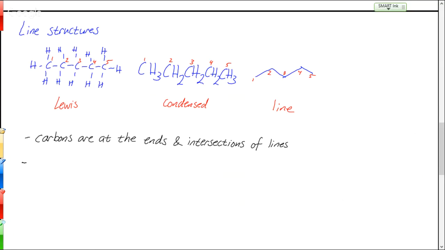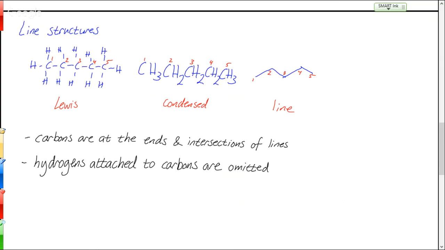The second thing about line structures is that the hydrogens attached to carbons are left off or omitted. And why is that?